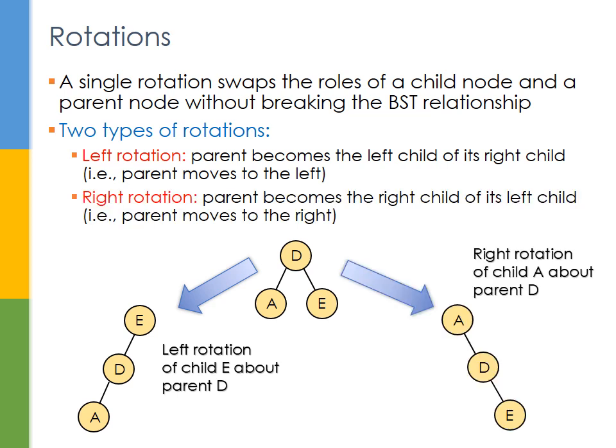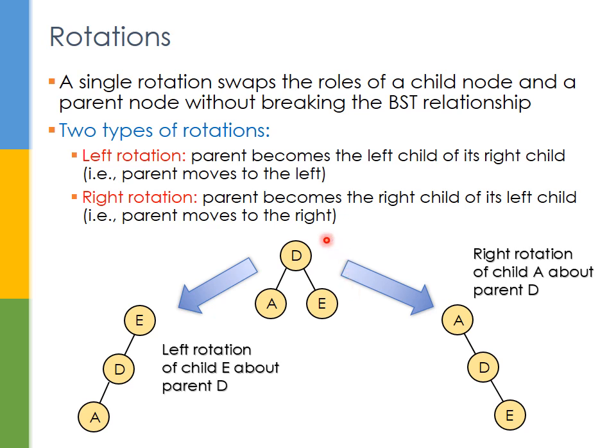So the second kind of rotation that we can perform, as you've probably guessed, is a right rotation, and this is essentially the opposite operation to a left rotation. So in this case, the parent becomes the right child of its left child. So in other words, the parent moves to the right.